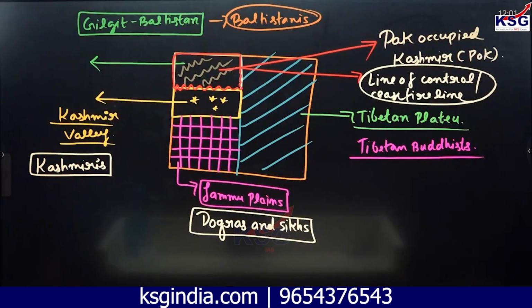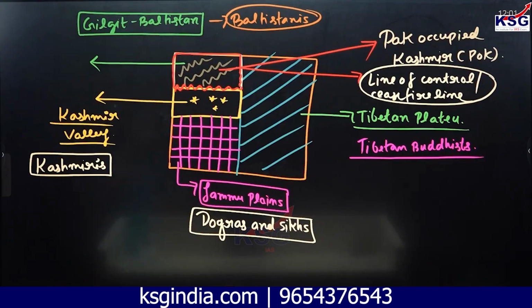What I'm trying to impress upon you is that this state of Jammu and Kashmir, with its geographical and ethnic divisions, did not become a part of the Union of India on 15th August 1947. So it was not marked as a partition territory contained in the Union of India, because it had not signed the instrument of accession.